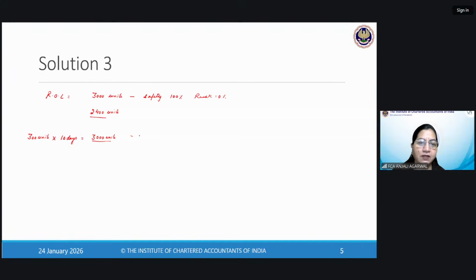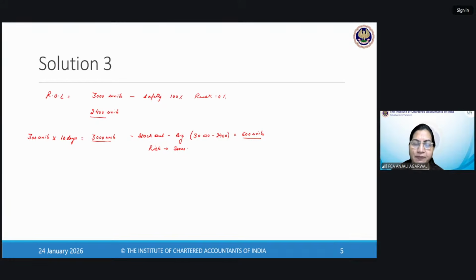So you will be stocked out, or there would be a shortfall of 3000 minus 2400, which is 600 units, if this scenario happens. So that means there was some risk. You are assuming some risk.